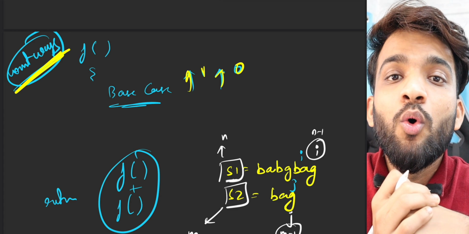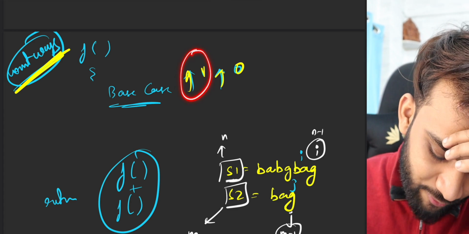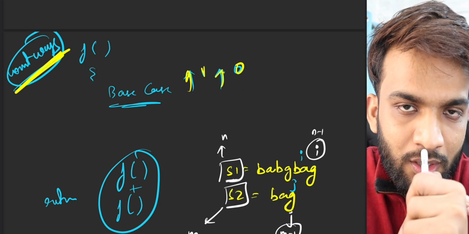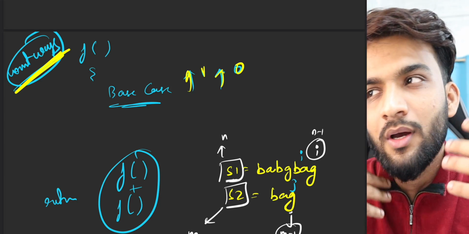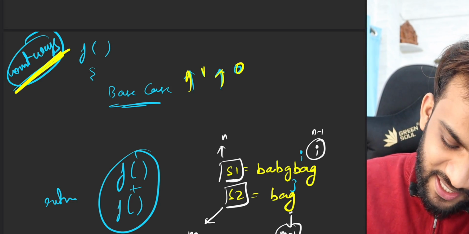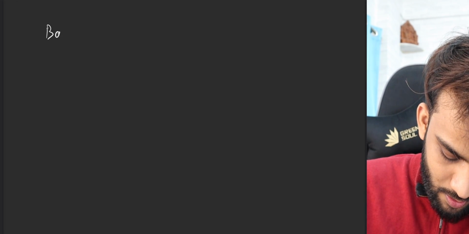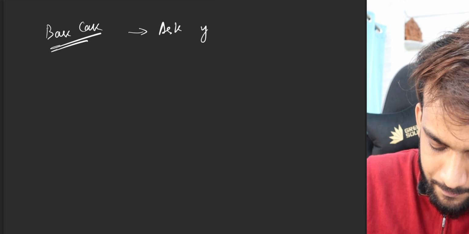Okay. So when will the base case return 1 actually, and when will it return 0 is my question to you. So can I say, if I'm matching, what will happen? Base case is asking yourself what will happen.